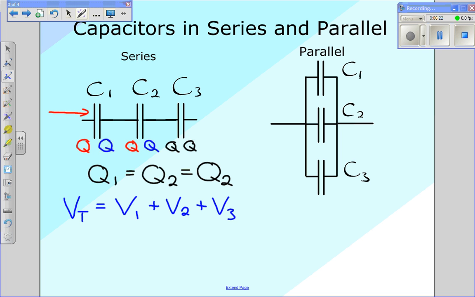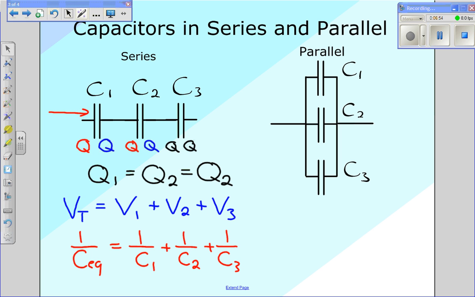The other interesting thing, which is not like resistors in series, is that the capacitances add up inversely. So the equivalent capacitance of this connection is going to be 1 over equivalent capacitance is equal to 1 over capacitance 1 plus 1 over capacitance 2 plus 1 over capacitance 3, and so on. So in that way, it's very different from a resistor.